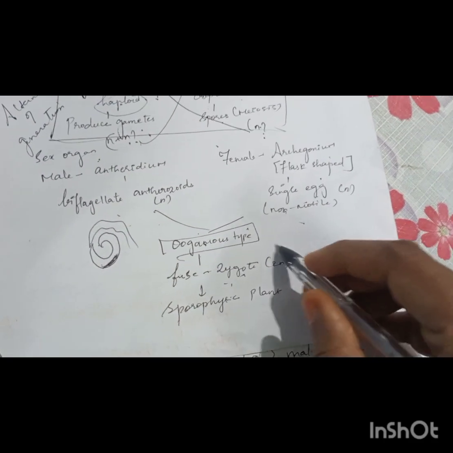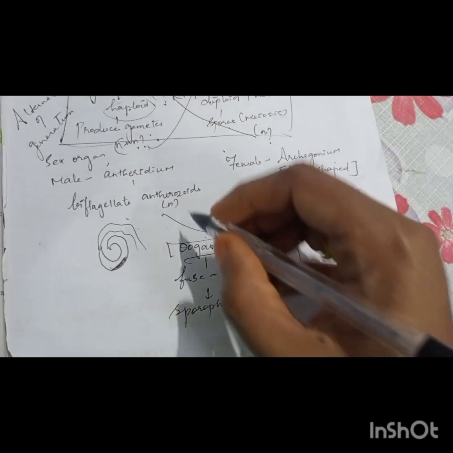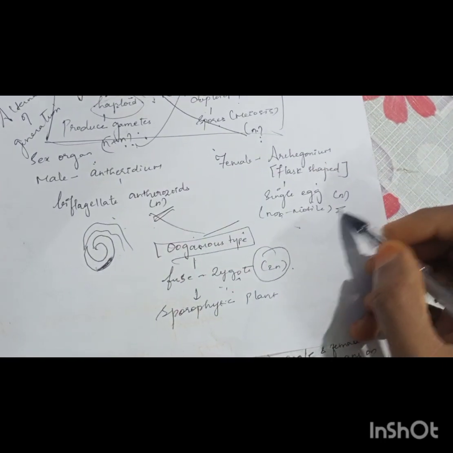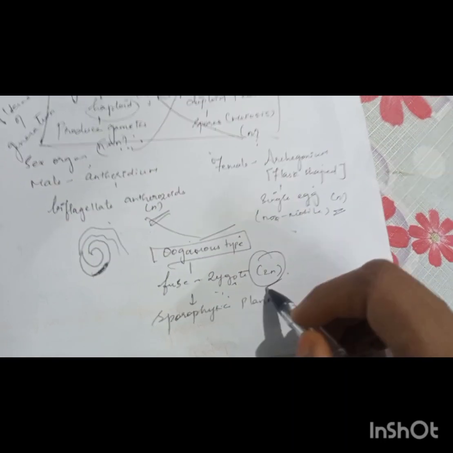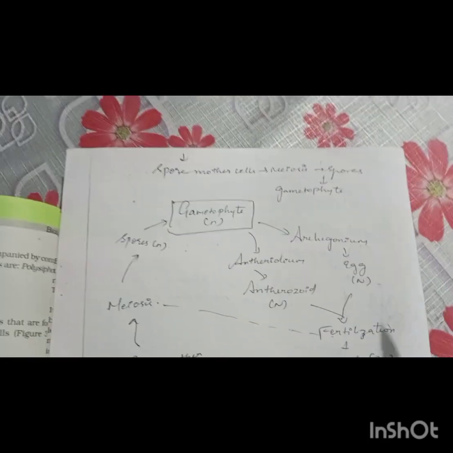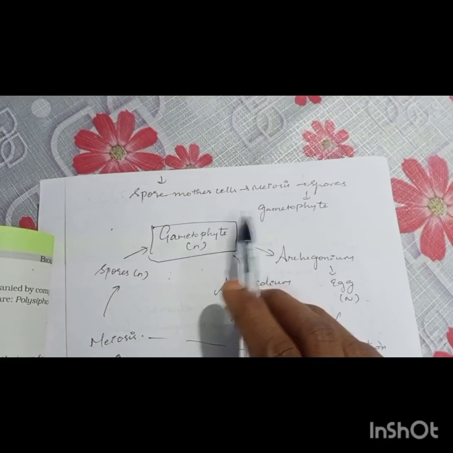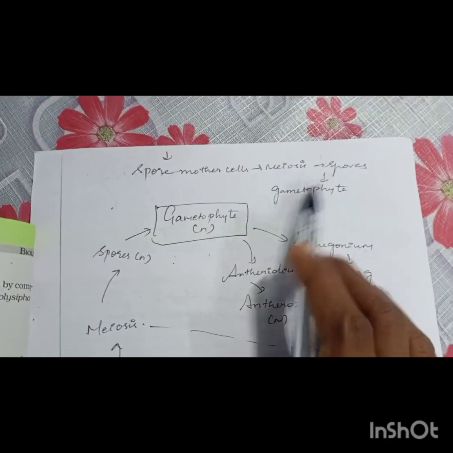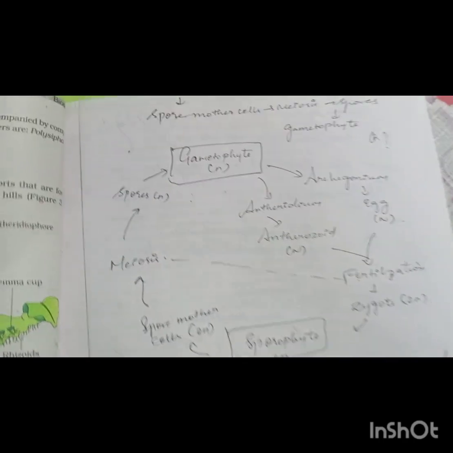These two gametes will fuse, join together. This is fertilization, resulting in the formation of a zygote. So this is haploid, this is haploid. These two combine to form a diploid zygote, which will develop into the sporophytic plant. The sporophytic plant produces spore mother cells which will undergo meiosis to give rise to 4 spores which are haploid in nature.